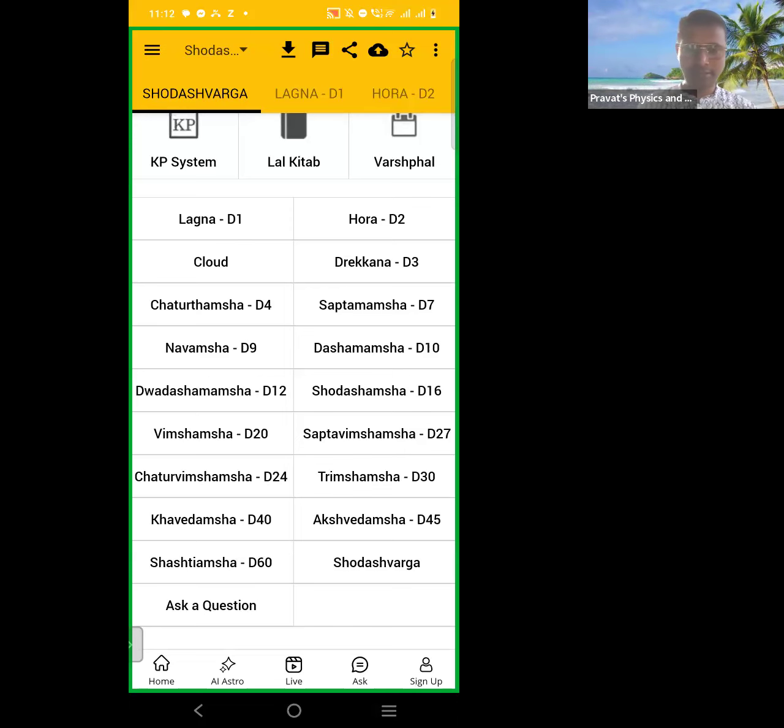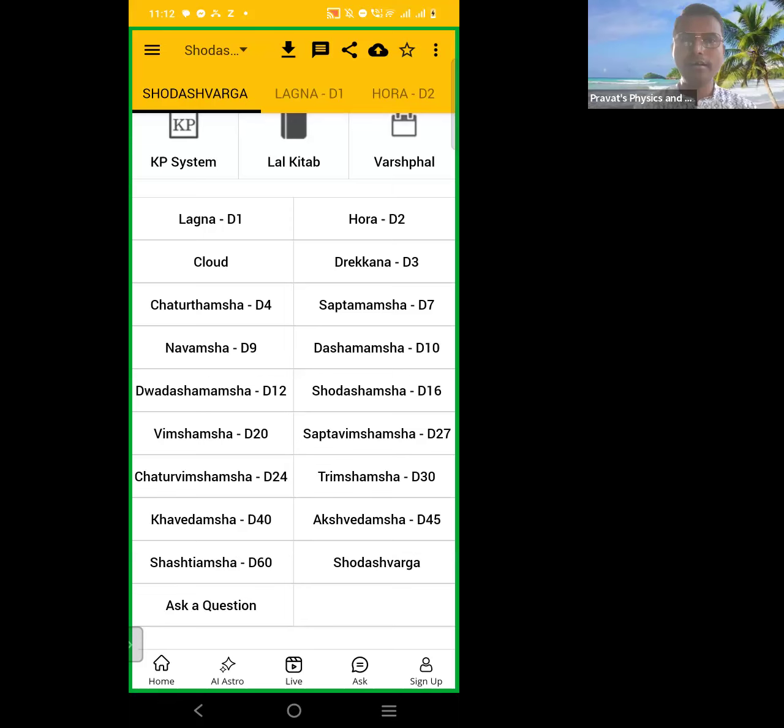In Vedic astrology, we consider that 0 to 30 degree is Aries sign, 30 to 60 is Taurus sign, 60 to 90 is Gemini sign, 90 to 120 degree is Cancer sign, 120 to 150 is Leo sign, 150 to 180 is Virgo sign, 180 to 210 is Libra sign, 210 to 240 is Scorpio sign, 240 to 270 degree is Sagittarius sign, 270 to 300 degree is the Capricorn sign, 300 to 330 degree is the Aquarius sign, and 330 to 360 is the last sign of the Kalpurush Kundli, that is Pisces sign.